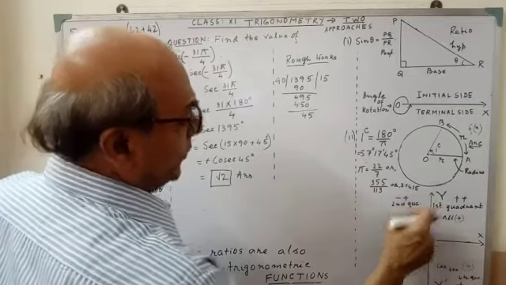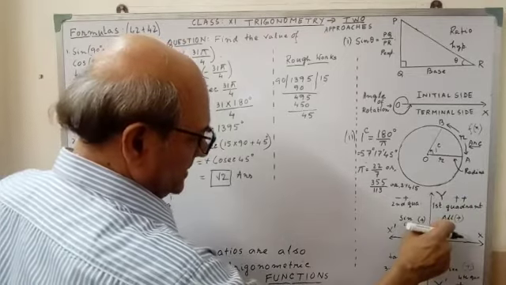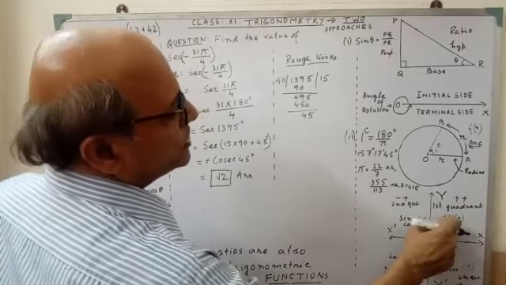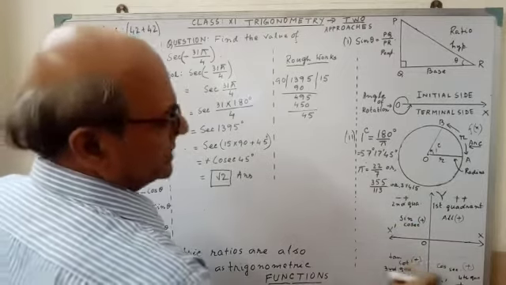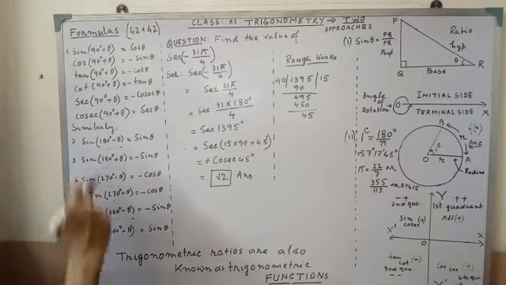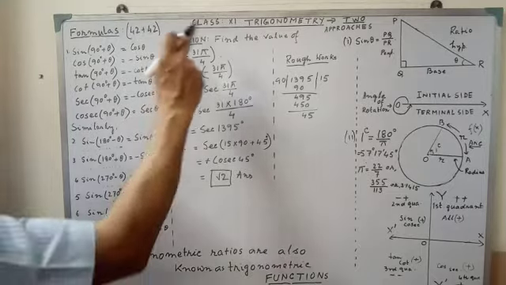If after rotation the line comes in its final position in this quadrant, then all trigonometrical ratios will be positive. In this quadrant, only sine and cosec. In this way, you have to determine the sign of the angle, whether it will be plus or minus. You must go through this, then you will easily understand the main points, that is this question.